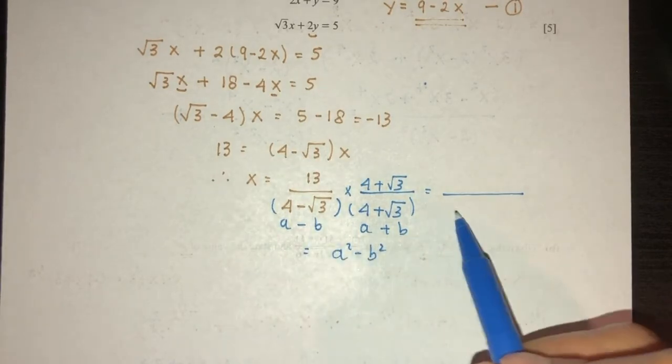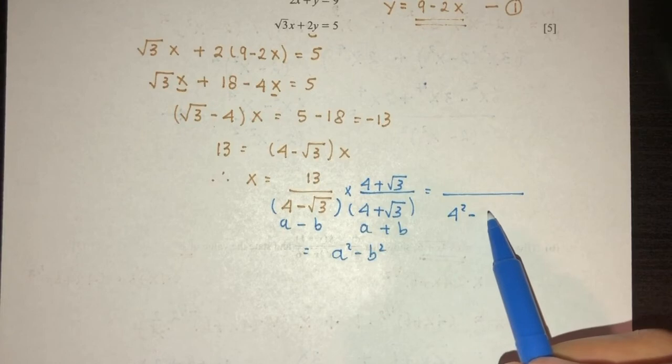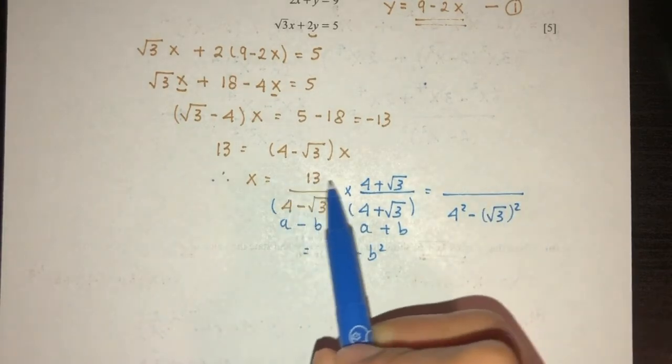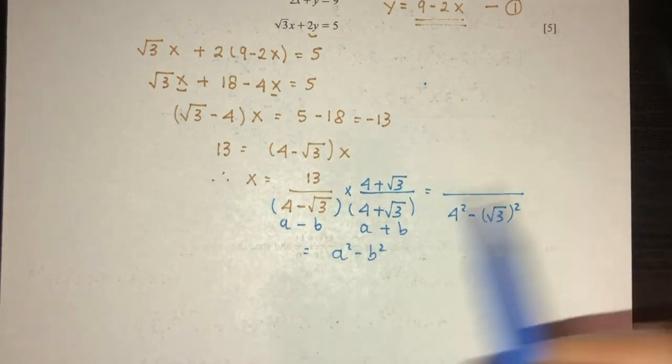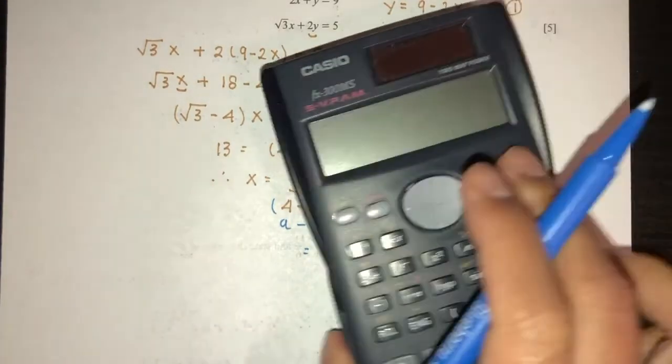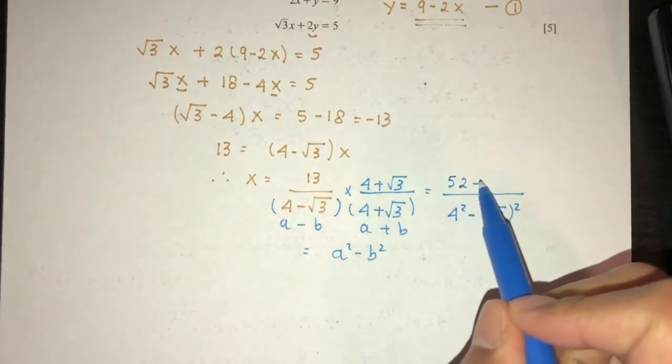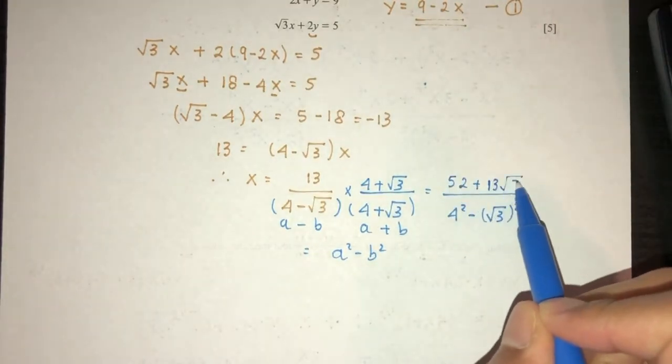So that will give you 4 squared minus root 3 squared for the base. The top will be 13 times this. What is 13 times 4? Let's check. 52, yeah, 52, and plus 13 root 3.